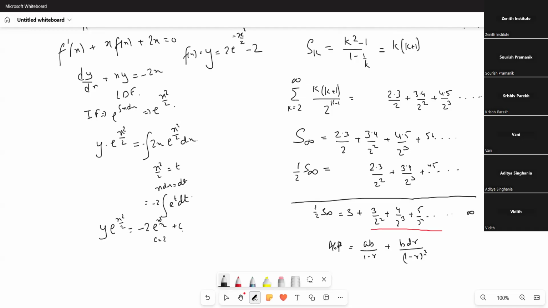I hope all of you remember this formula, the sum of an infinite AGP, where a is the first term of the AP part, b is the first term of the GP part, r is the common ratio of the GP part, and d is the common difference of the AP part.